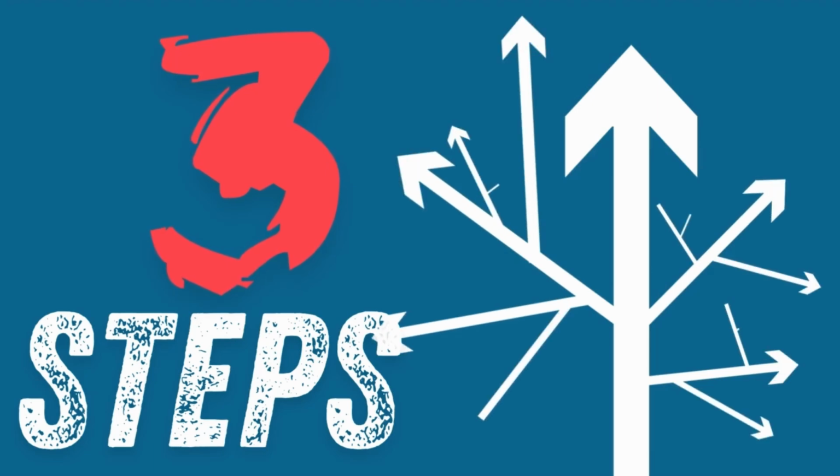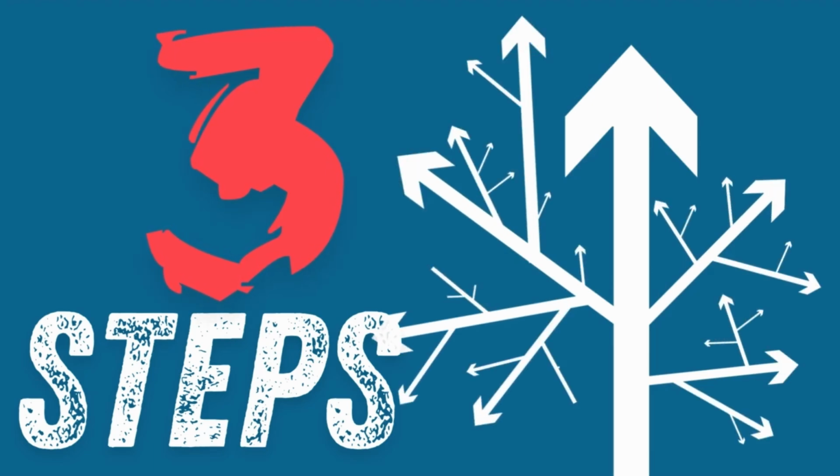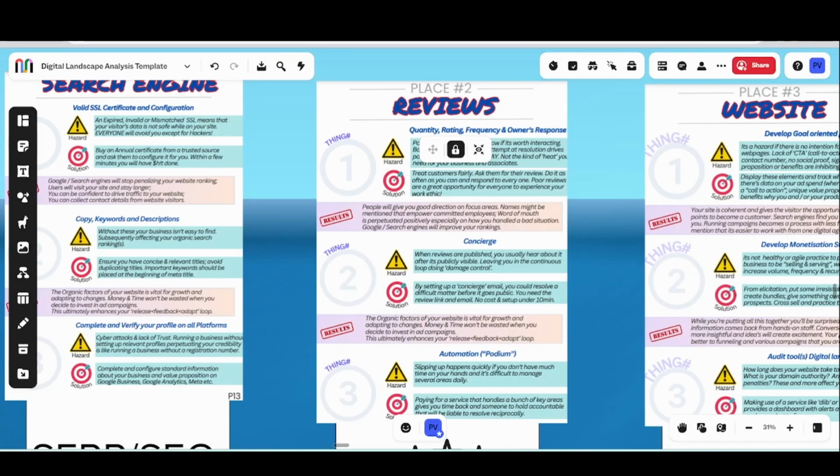The 3 steps to manage and improve customer reviews. 1. Encourage reviews proactively. Make it easy for customers to leave reviews by providing direct links in follow-up emails or text. 2. Respond to all reviews, good and bad. Engage with all feedback, especially negative reviews.